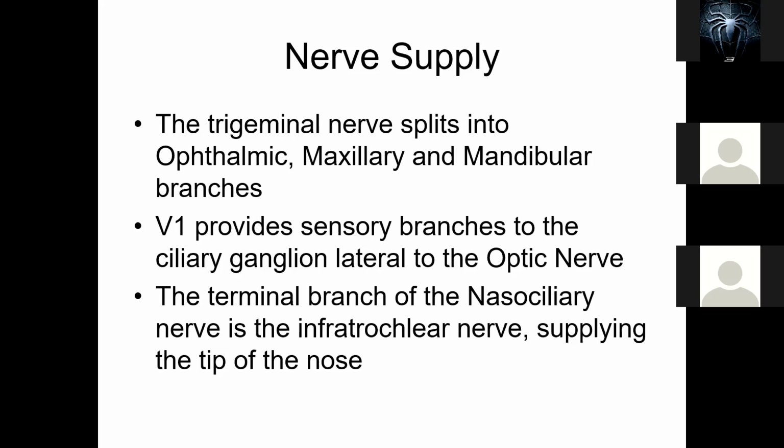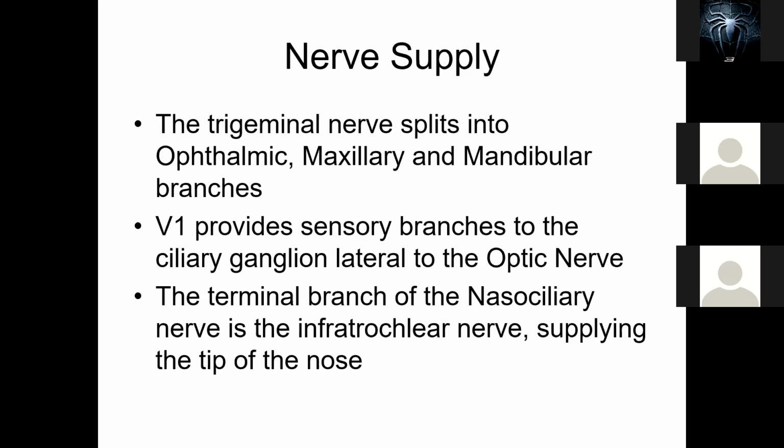branch of the trigeminal, provides sensory branches to the ciliary ganglion, which is lateral to the optic nerve. And the terminal branches form the nasociliary nerve, which also gives branches to form the infratrochlear nerve, and that supplies the tip of the nose.